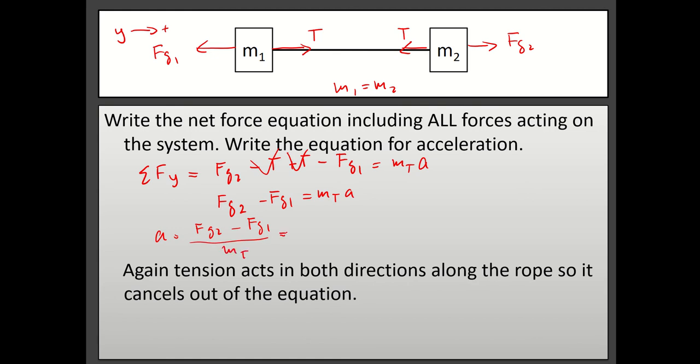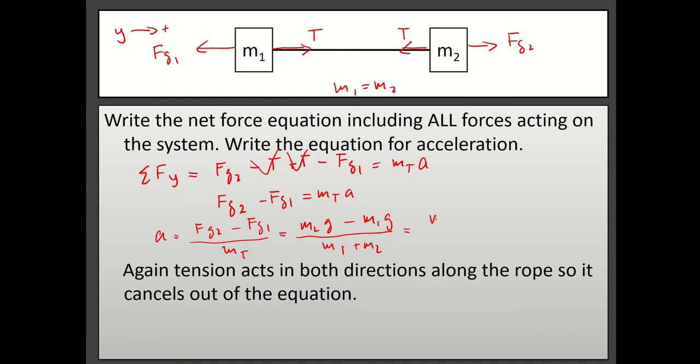Now Fg2 is made up of M2 times gravity, minus M1 times gravity, over M1 plus M2. Because our M1 equals M2, we can substitute either M2 with just M1 or M1 with just M2. So let's replace M2 with M1.